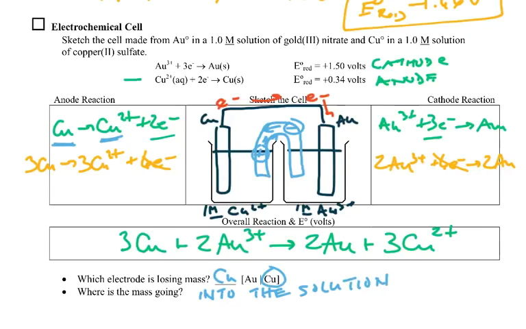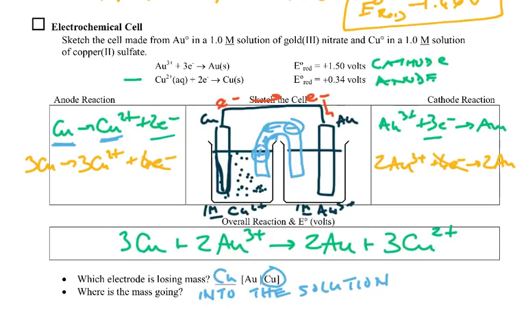Because the copper metal is going to be, you know, going away bit by bit. So this is going to get smaller and smaller as the copper ends up in the solution. So I'll be able to visually see that because my copper solution is probably going to get bluer and bluer. So the copper goes there.